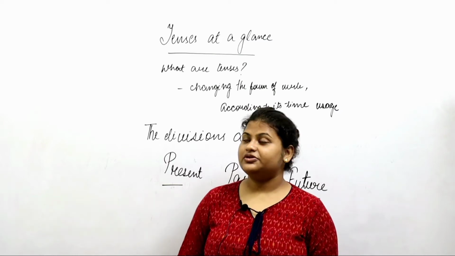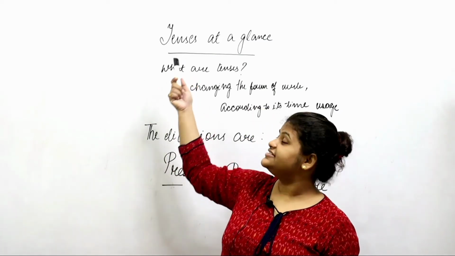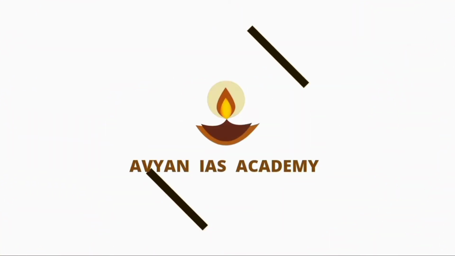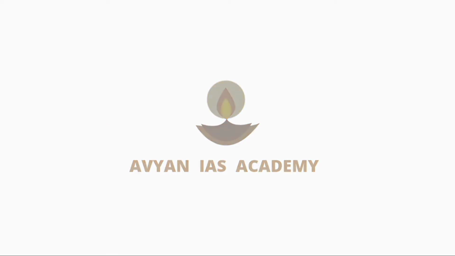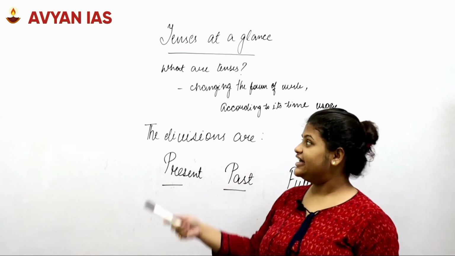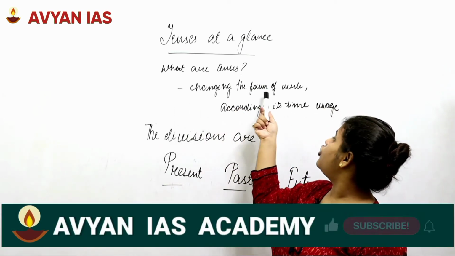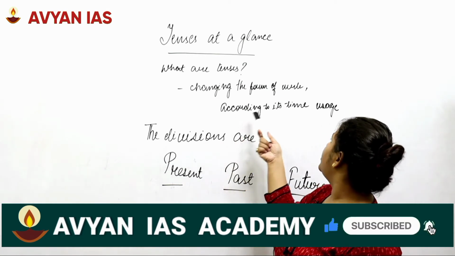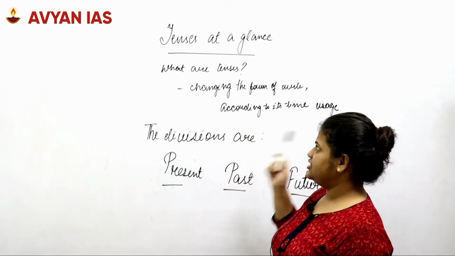Today we will be taking up the topic of tenses, and we would be looking at tenses at a glance. So what are tenses? Tenses are changing the form of the verbs that we are using in the sentences according to its time usage.